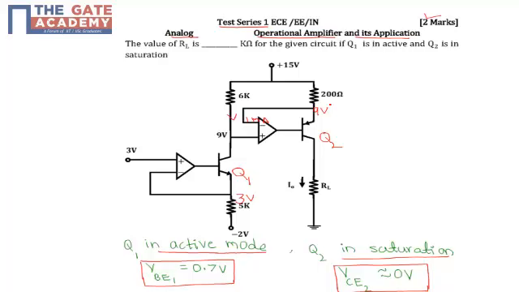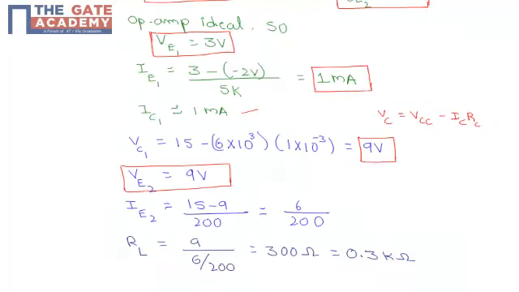Now putting this value in the circuit, VE1, the emitter voltage, is 3 volts, and this is 9 volts, and a current of 1 milliamp flows through transistor Q1. We found the emitter current in transistor 1.